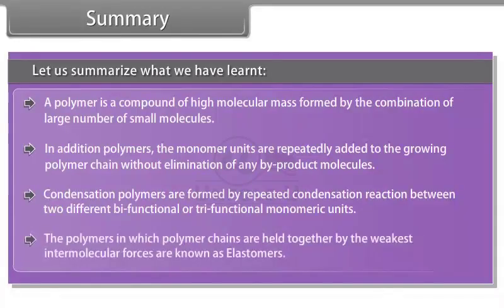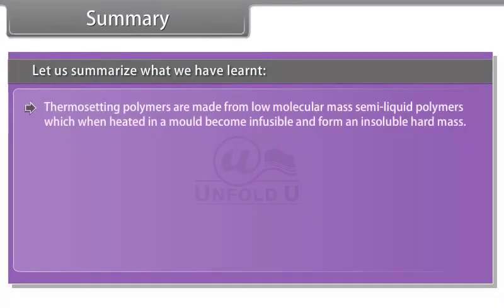The polymers in which polymer chains are held together by the weakest intermolecular forces are known as elastomers. Thermosetting polymers are made from low molecular mass semi-liquid polymers which, when heated in a mold, become infusible and form an insoluble hard mass.